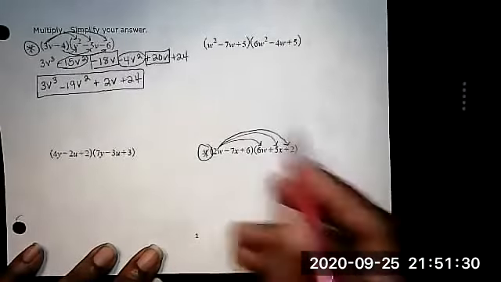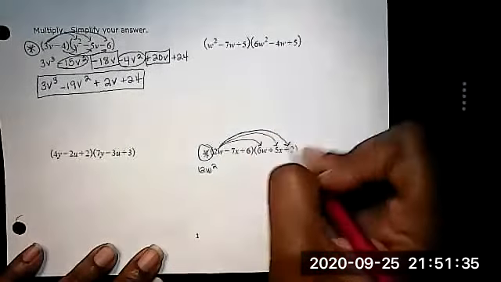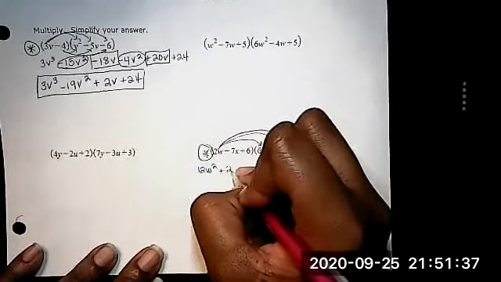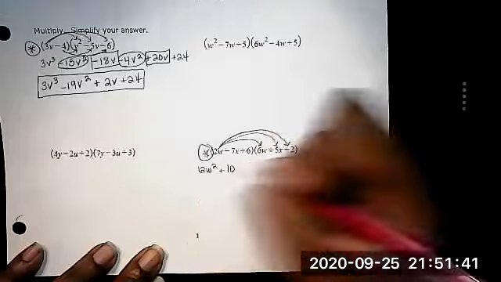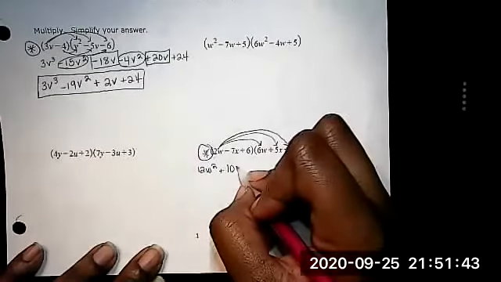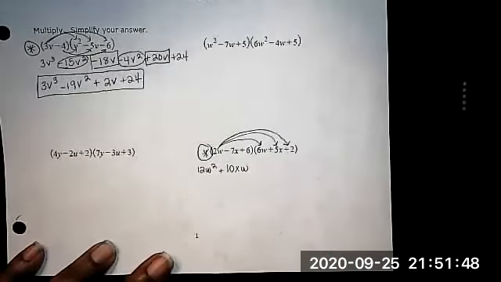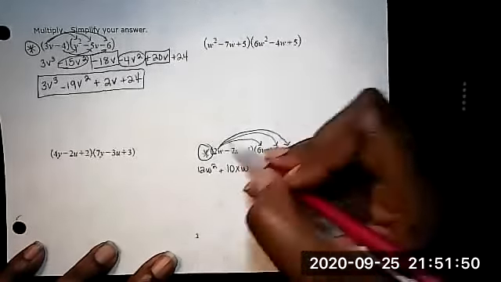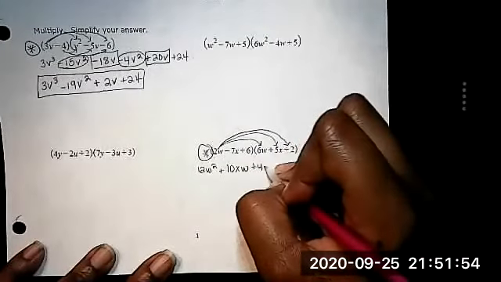So 2w times 6w is 12w squared. 2w times 5x, 2 times 5 is 10, xw or wx, whichever one is fine with you, as long as you're consistent. And then 2w times 2 is positive 4w.